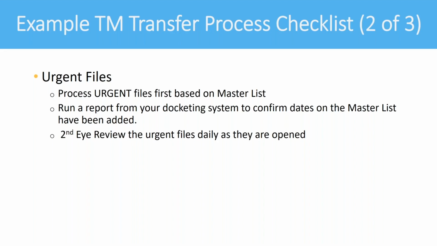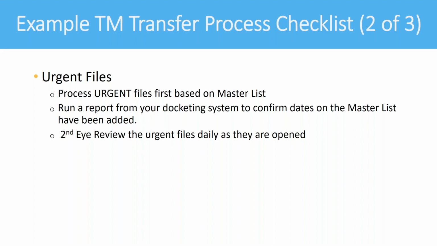So those are the ones that you're going to process first, get them in the system first. And depending on the size of the intake that you're doing, you might just do that one particular matter, or if you have time, maybe you do the whole family. That's an organizational decision that you probably made in the beginning. But the individual record with that urgent deadline needs to get into the docket.